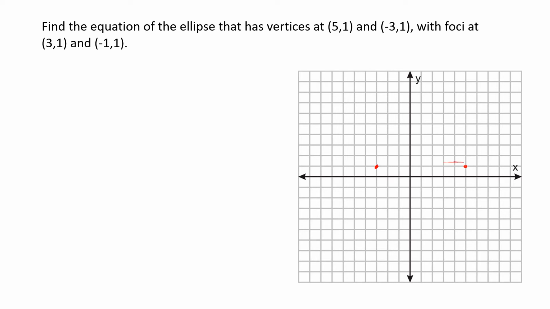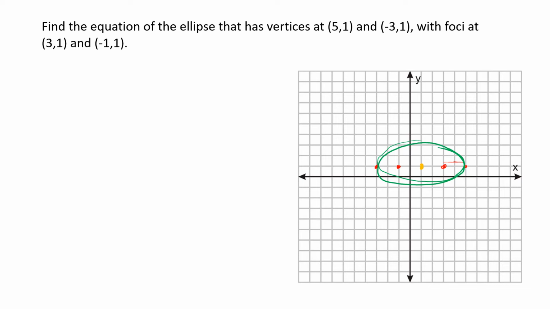Those are the vertices. So right away, I could tell you that my ellipse is going to be one of these guys. It's going to do something like that. The foci are at 3, 1 and negative 1, 1. So 3, 1 right there, and negative 1, 1 right there. So this tells us a lot already about this equation, because the center of the ellipse is right in the middle of the foci, and it's also right in the middle of the vertices.